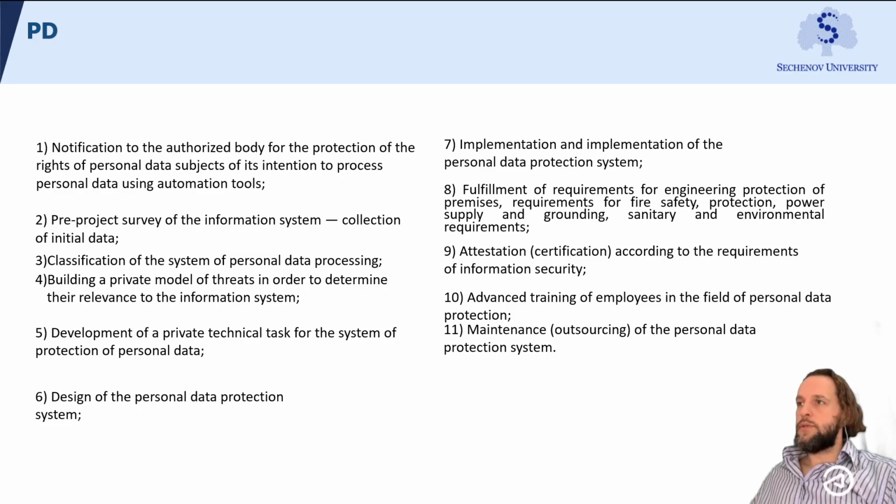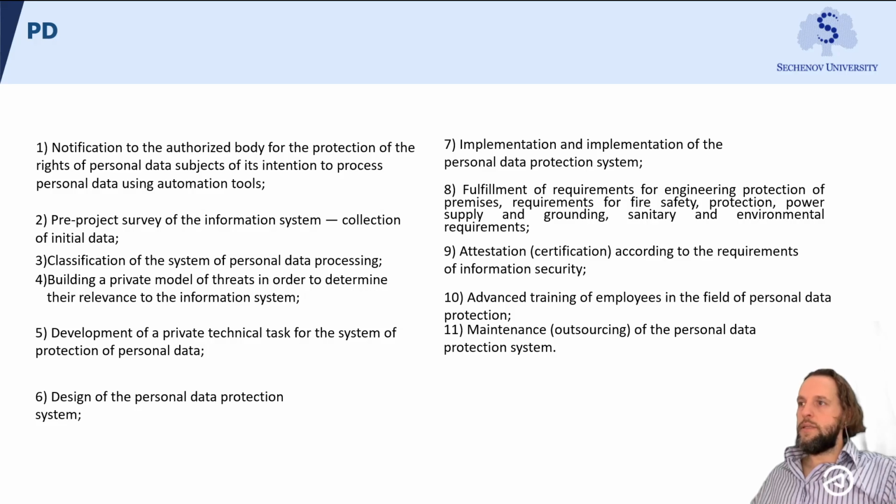So what is the process of working with personal data? We'll start with notification of the authorized body that we are going to process a certain amount of personal data in an automation tool. Then we'll need to make a survey about this data which we are going to collect. Then we need to classify the system according to the volume and class of information.